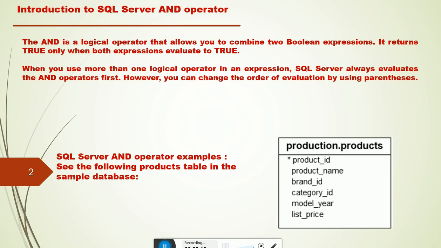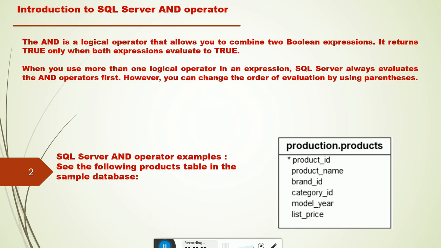Okay, now the SQL Server AND operator example. See the following products table in the sample database. We will perform certain operations, or let me explain with some examples, on the basis of this table, production.products.